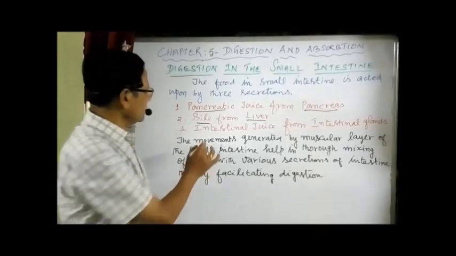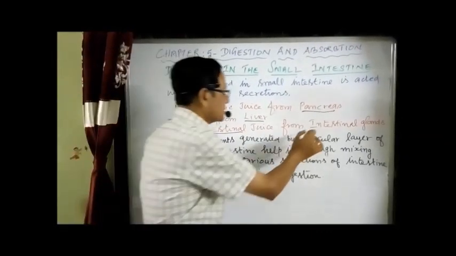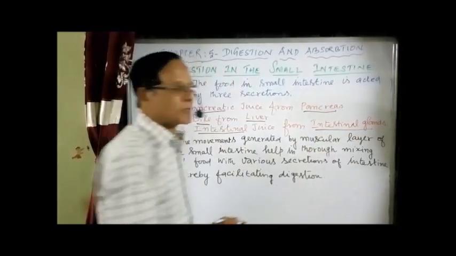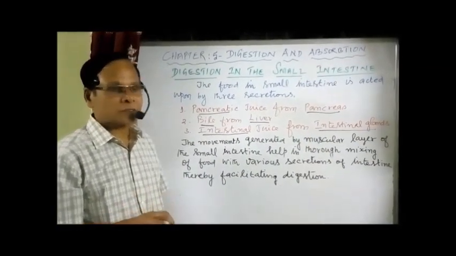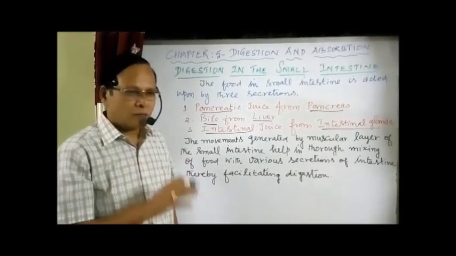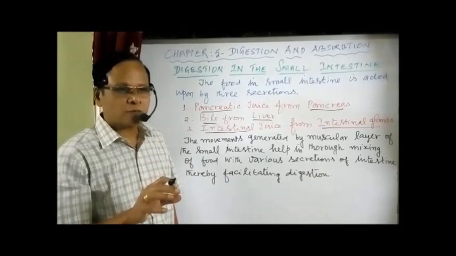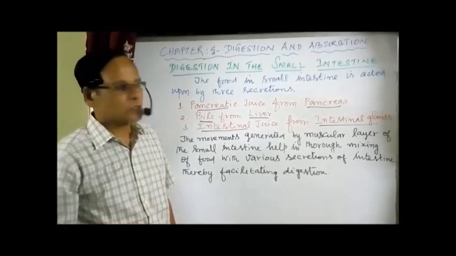The third one, intestinal juice from the intestinal glands. These are the three types of secretions released into the duodenum, concerned with the digestion of different food materials. Already we have partially digested food released from the stomach into the duodenum, called the chyme.